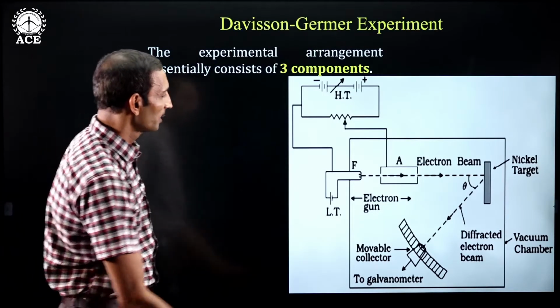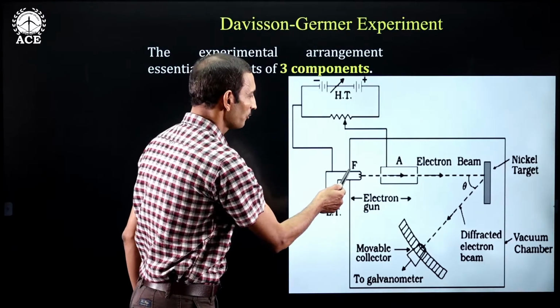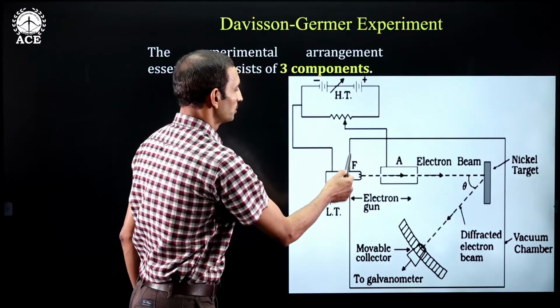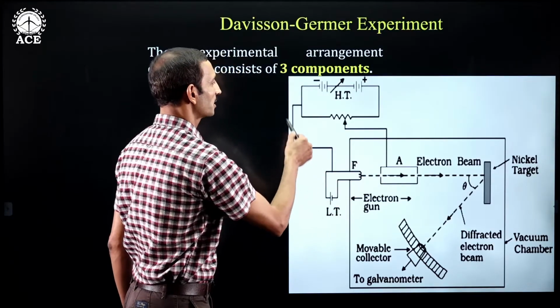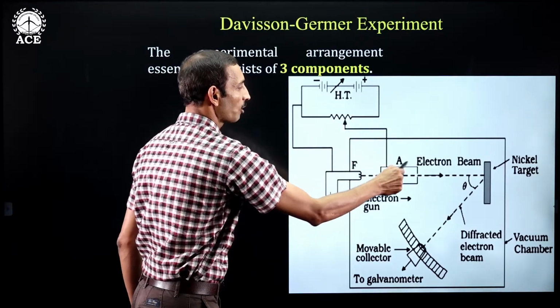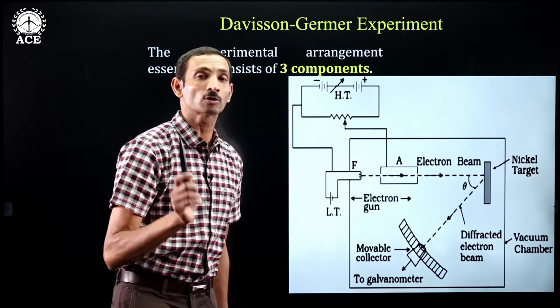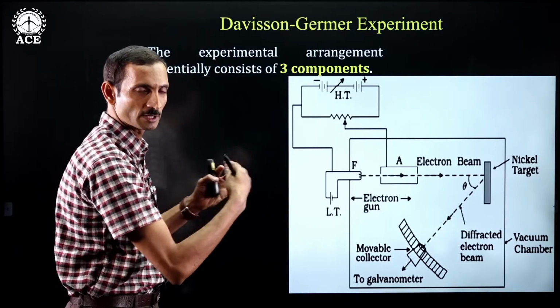It consists of a low tension battery connected to a filament, and one end of the low tension battery is connected to a high tension battery, the anode of which is connected to a collimator. The collimator is the one that collimates the beam of those particular rays.